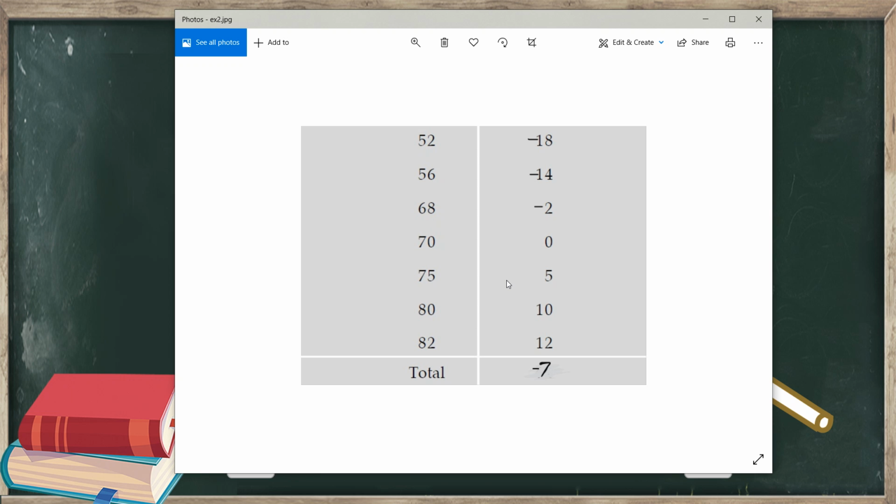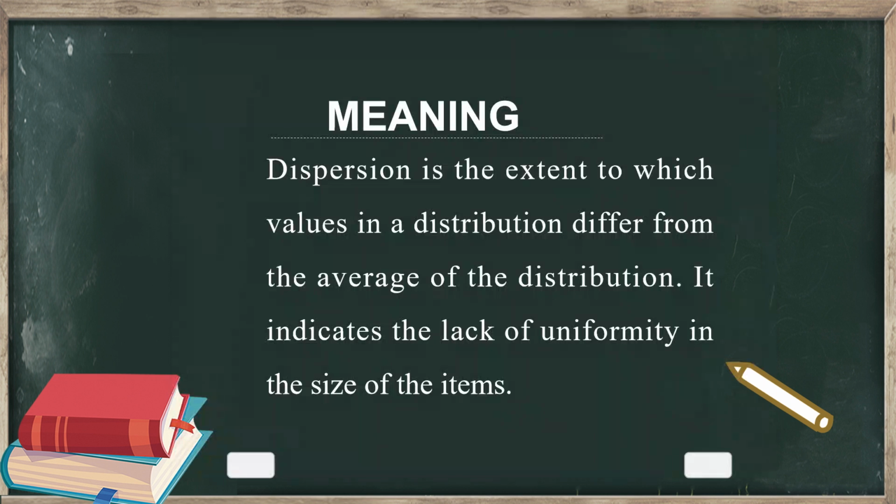The observations are very much varying from the central value, the assumed mean value. So here we can observe the dispersion very clearly. So this is how dispersion indicates a lack of uniformity in the size of the items.